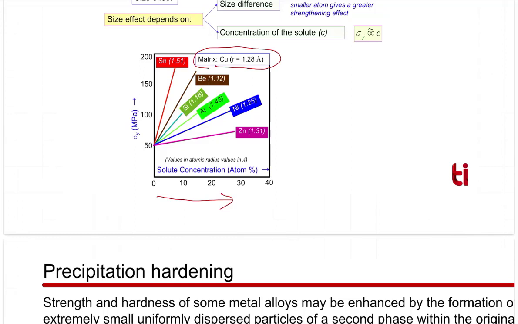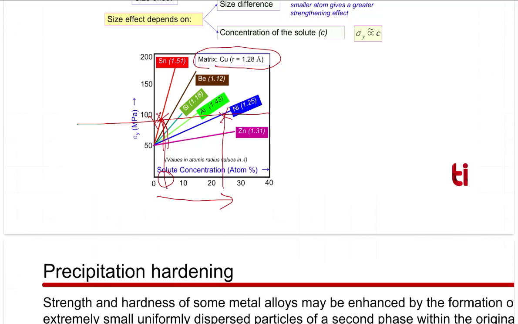If I plot, silicon strength is this, tin strength is this, and nickel strength is this. So you can say a small percent of tin gives the same level of strength which needed nearly 25% of nickel. So you can see the mixing of one metal into another metal is increasing the strength.